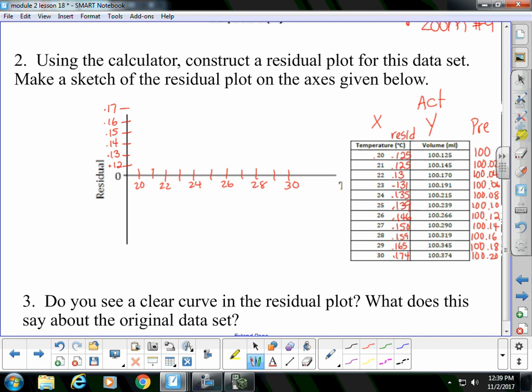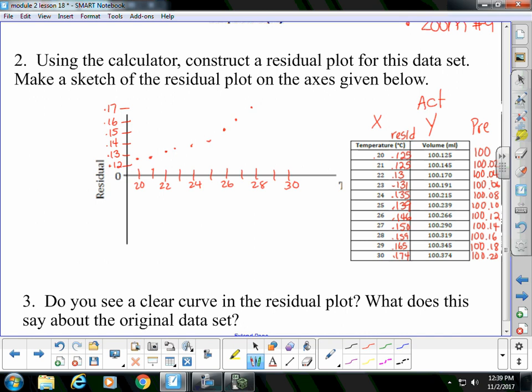Okay, so we got 0.125, 0.125, 0.13, 0.131, 0.135, 0.139, 0.146, so all of a sudden like a big jump. 0.15, which is what's making me think it's a curve all of a sudden.